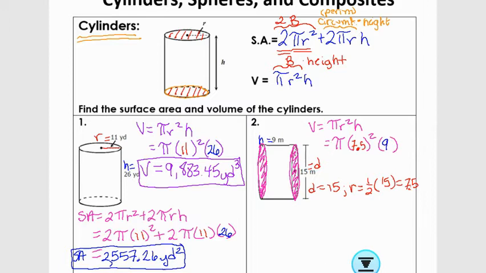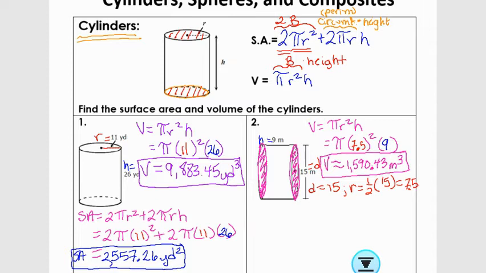And I'll put that in my calculator, and we get that the volume is approximately 1,590.43 meters are our units, and we're going to say cubic meters because volume is in 3 dimensions. So that's going to be cubic meters.